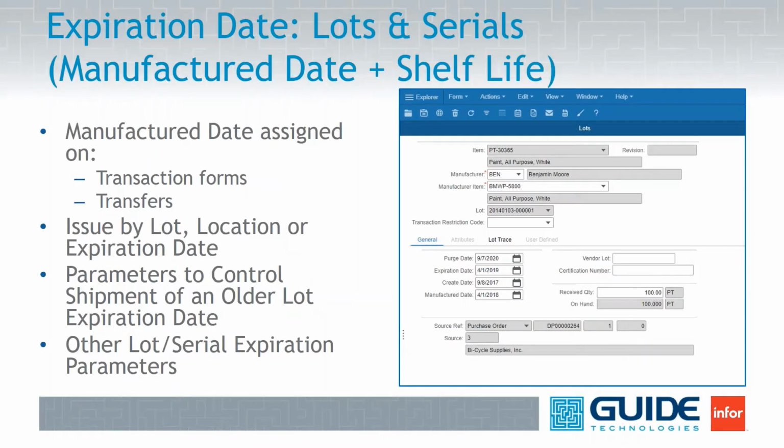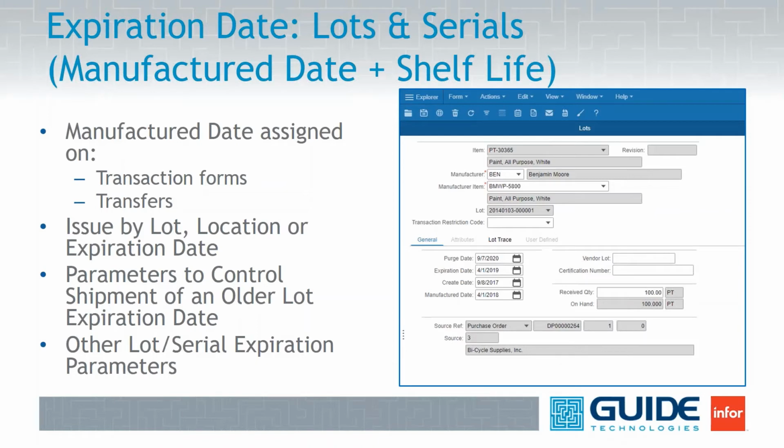So the expiration date calculation for lots and serials. Now you can see that we've got the manufacture date along with the creation date. That is what's used to generate my expiration date. My manufacture date plus my shelf life will create my expiration date.